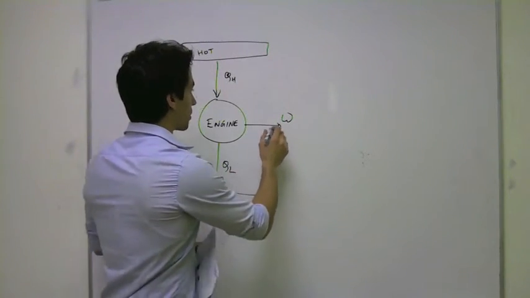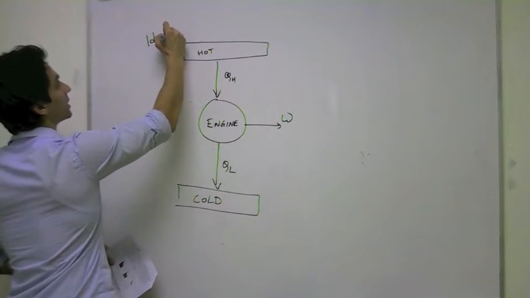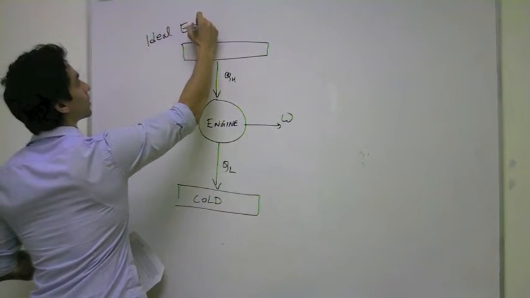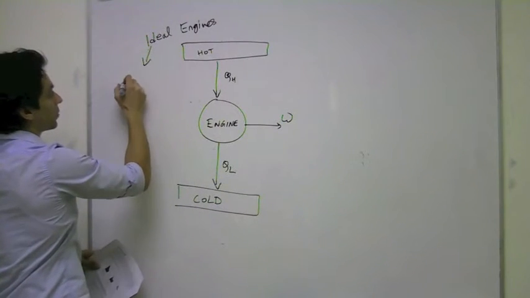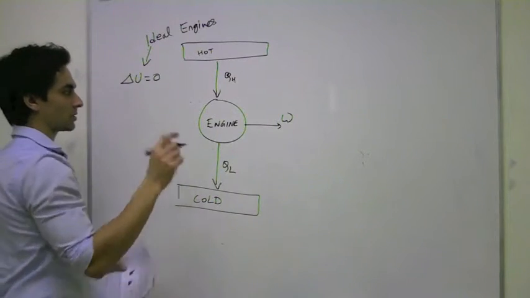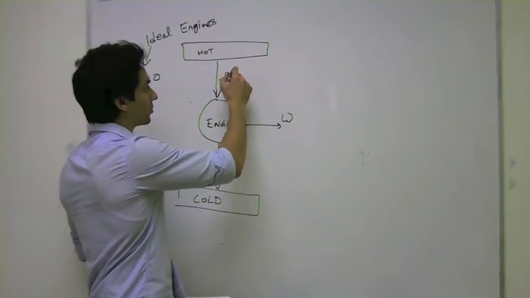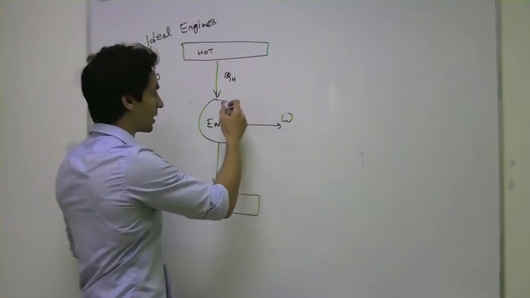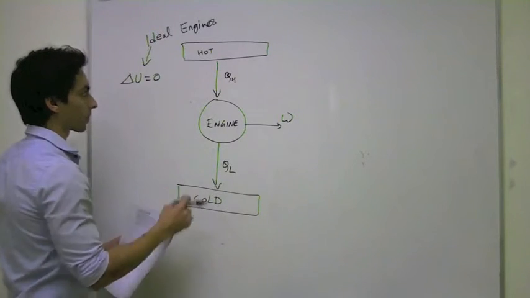When we talk about engines, we will assume that the engine is an ideal engine for all purposes. An ideal engine is one in which the change in internal energy of the medium is zero, which means that none of the heat carried by the medium increases the internal energy of the medium itself.